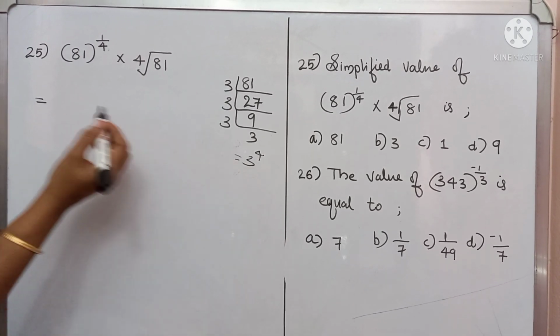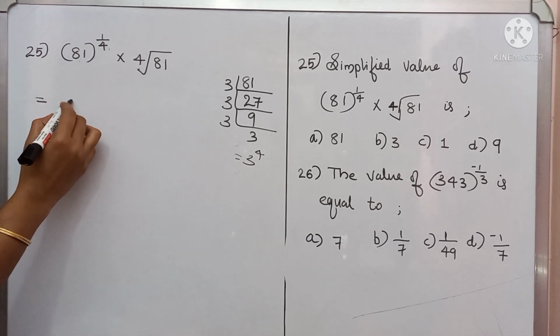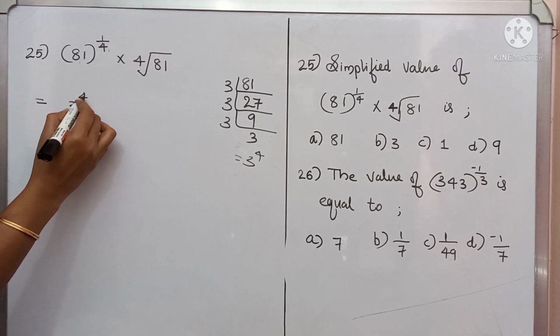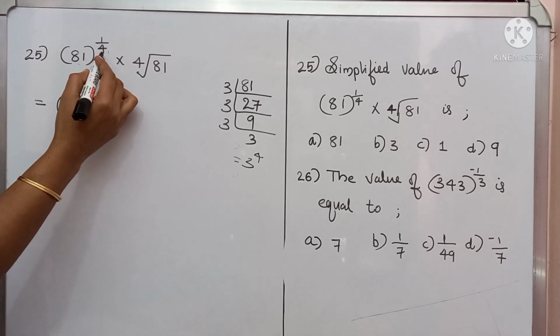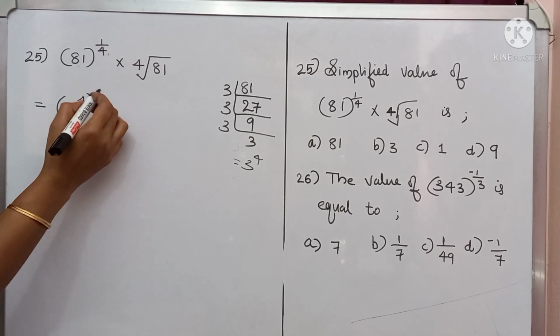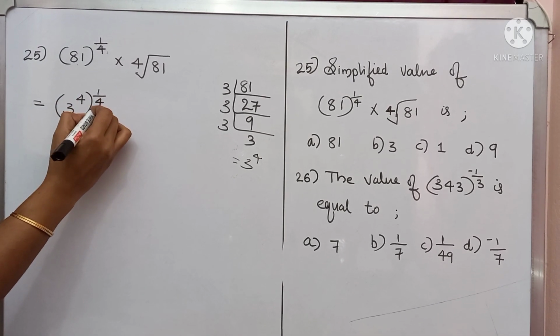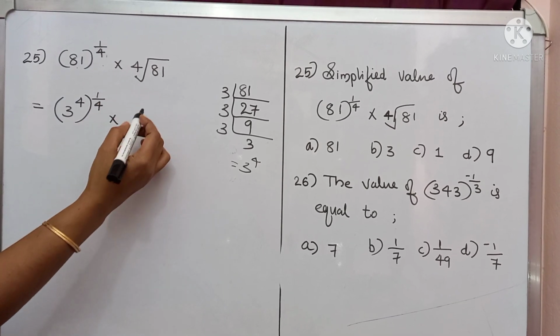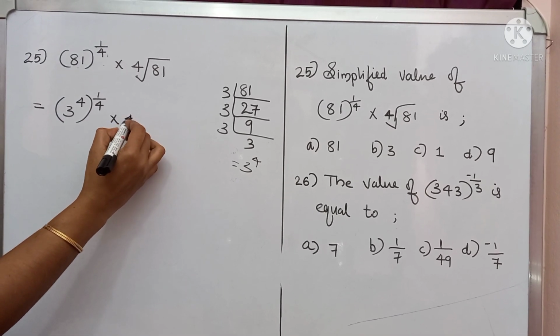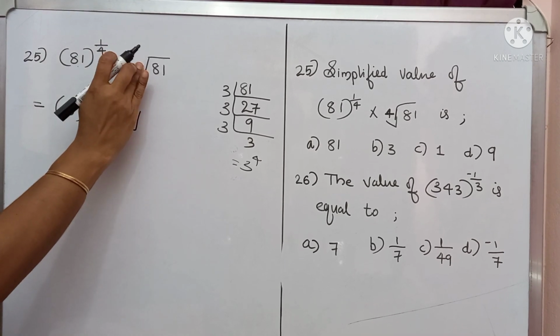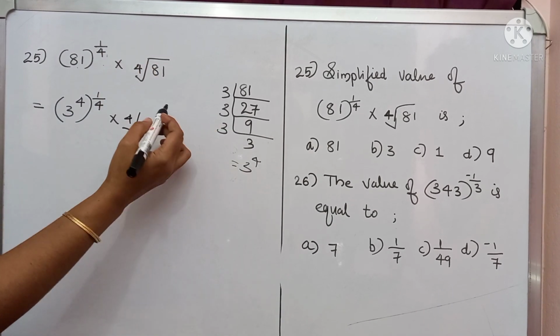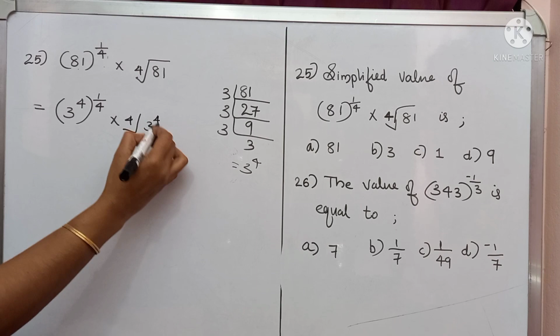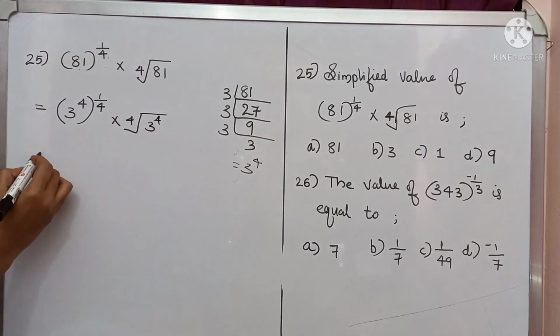So we are replacing this 81 by 3 raised to 4, the whole raised to 1 by 4, into 4th root of 81. 4th root of 81, we know that is equal to 3 raised to 4.